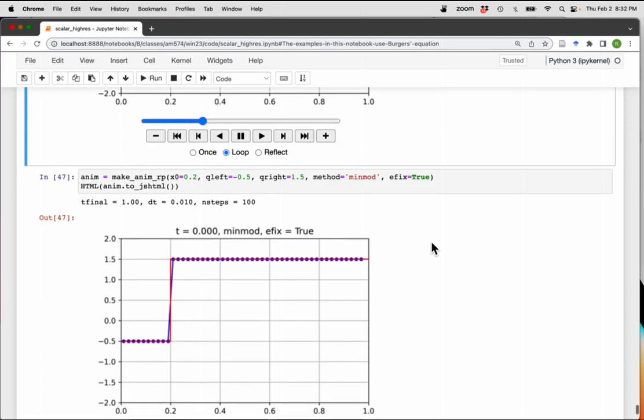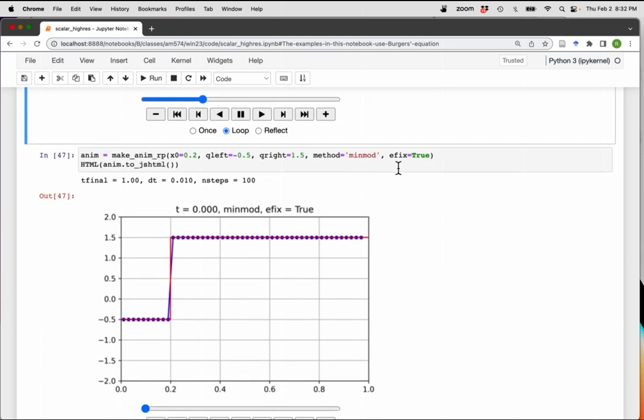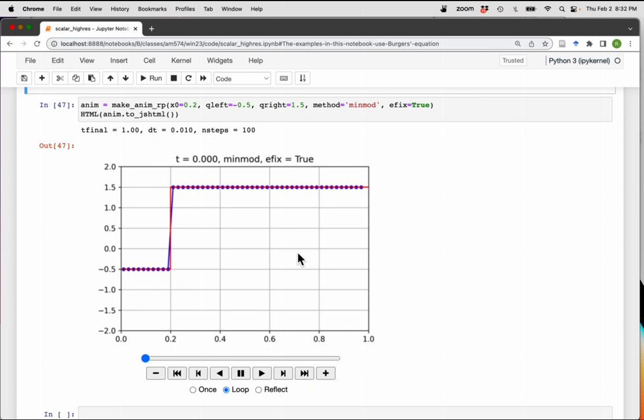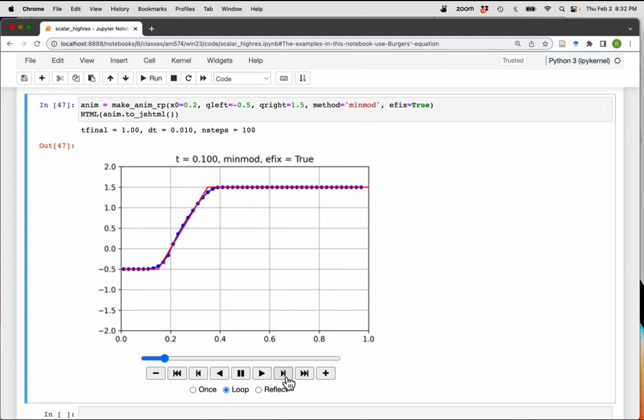But if you use one of these limiter methods, either one of them, together with the entropy fix, so that we avoid this problem of the entropy violating discontinuity persisting at the origin, then that also gets rid of the entropy glitch that we saw with just the first order method, even with the entropy fix turned on. And so here now at the sonic point, things are looking nice and smooth. There's not even a jump of size delta x. Things look very nice in this case.